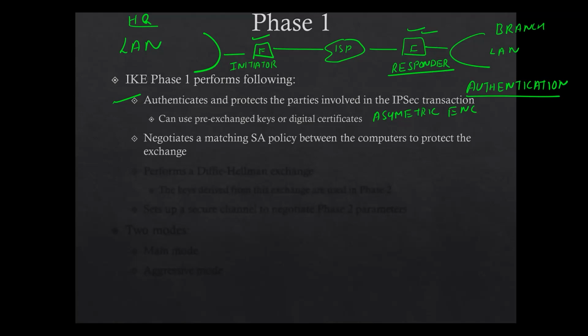What this basically means is, when it says negotiates matching SA, what is SA? Security association, right? So a security association has to have certain parameters. I call them HAGLE. H-A-G-L-E. What is HAGLE?